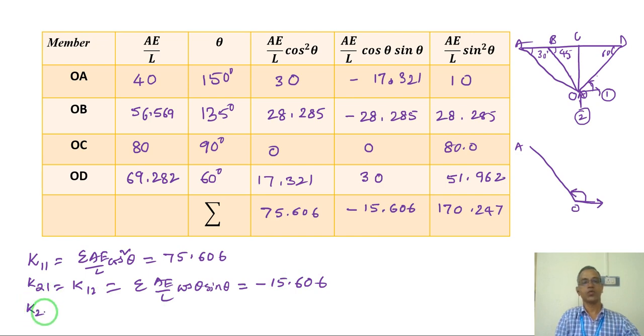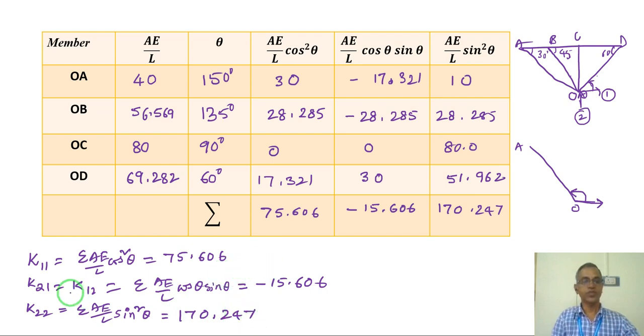Then K22, which is summation of AE by L sin square theta, which we got here as 170.247. So now this is the stiffness matrix. The stiffness matrix for this we got here.